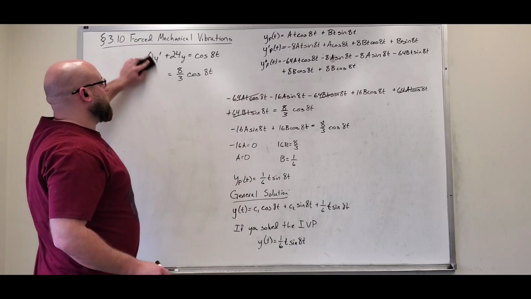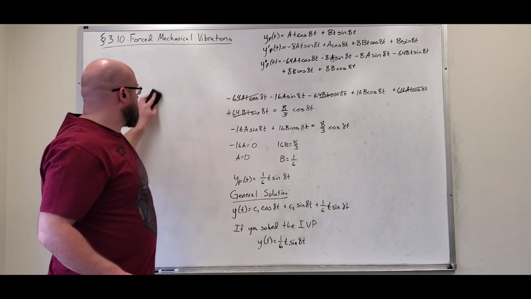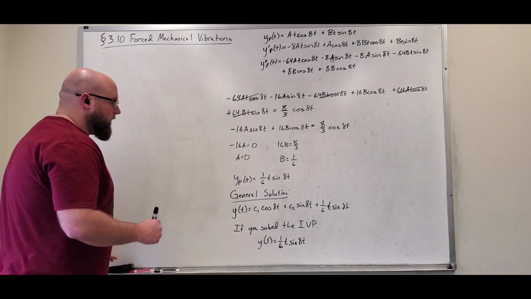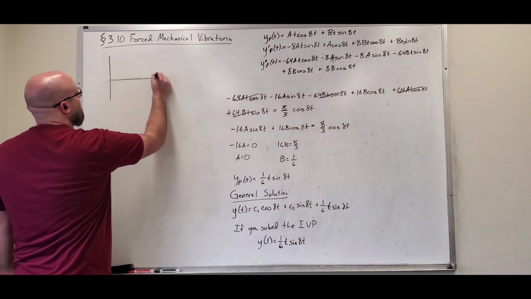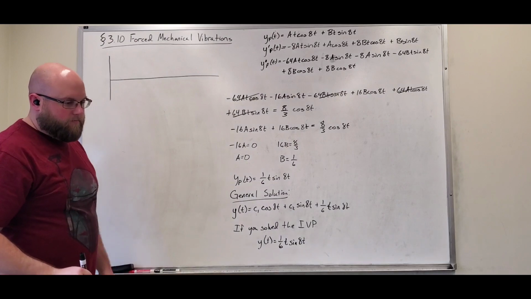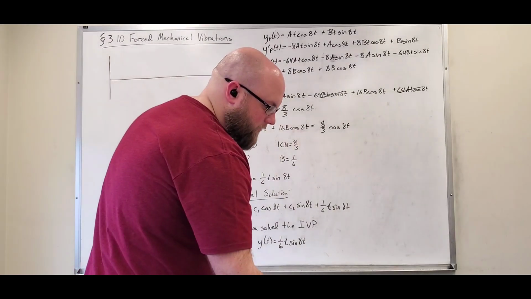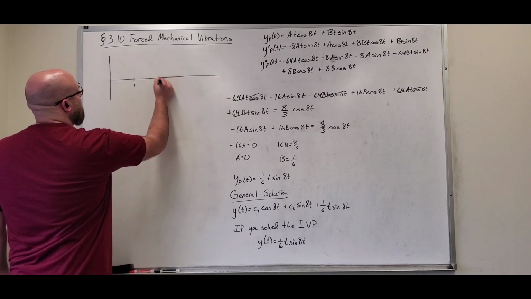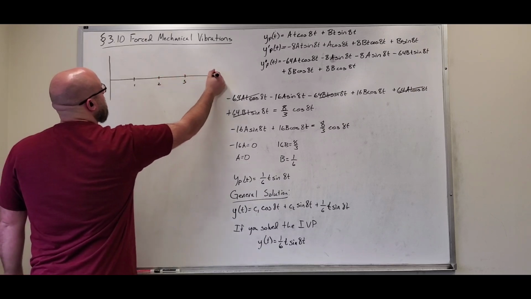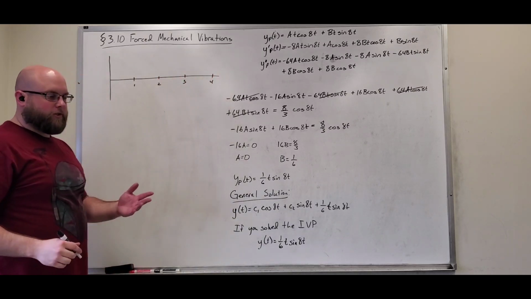And I'm going to insert a good graph here also when we get there. But when we look at the graph, and again, not drawing this to scale, this is what it's going to appear to look like. I'm just going out to 4 just to show you what's going on.